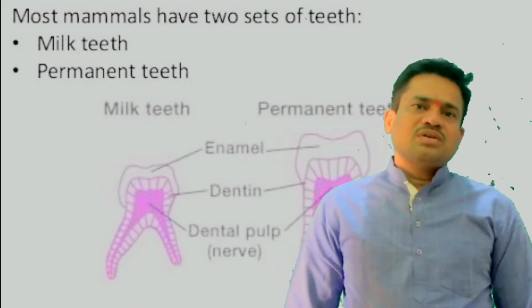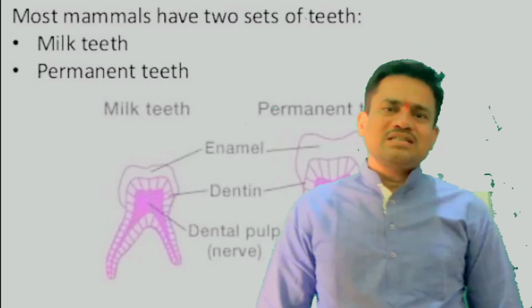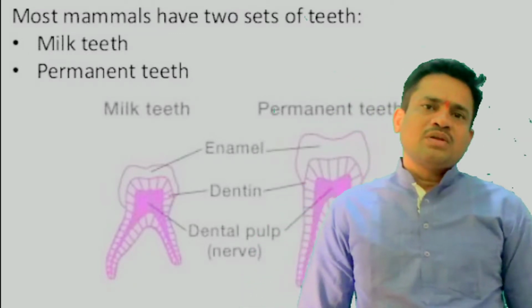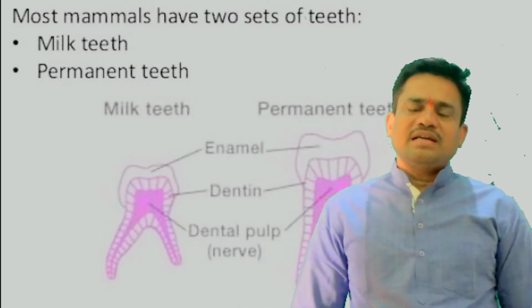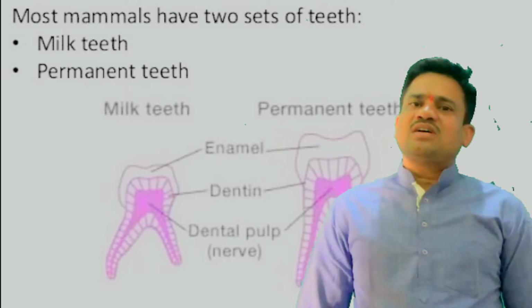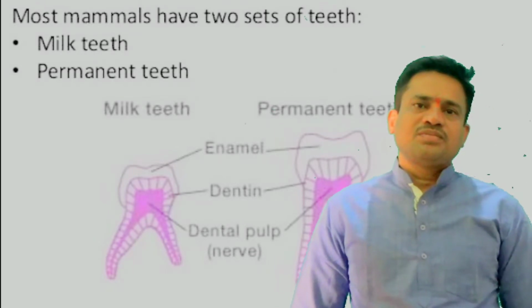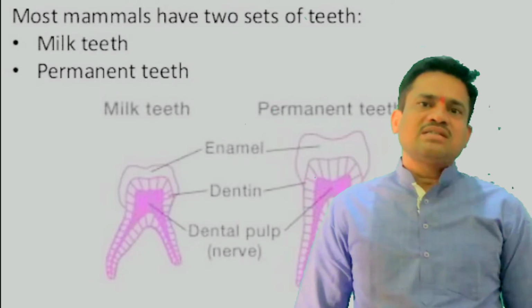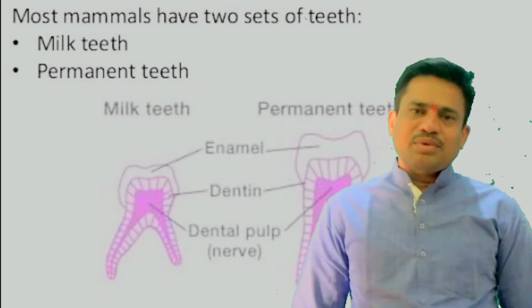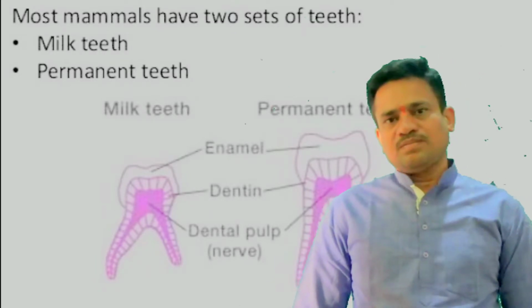So teeth vary in types. Generally in mammals there are four types of teeth: incisors, canines, premolars and molars.